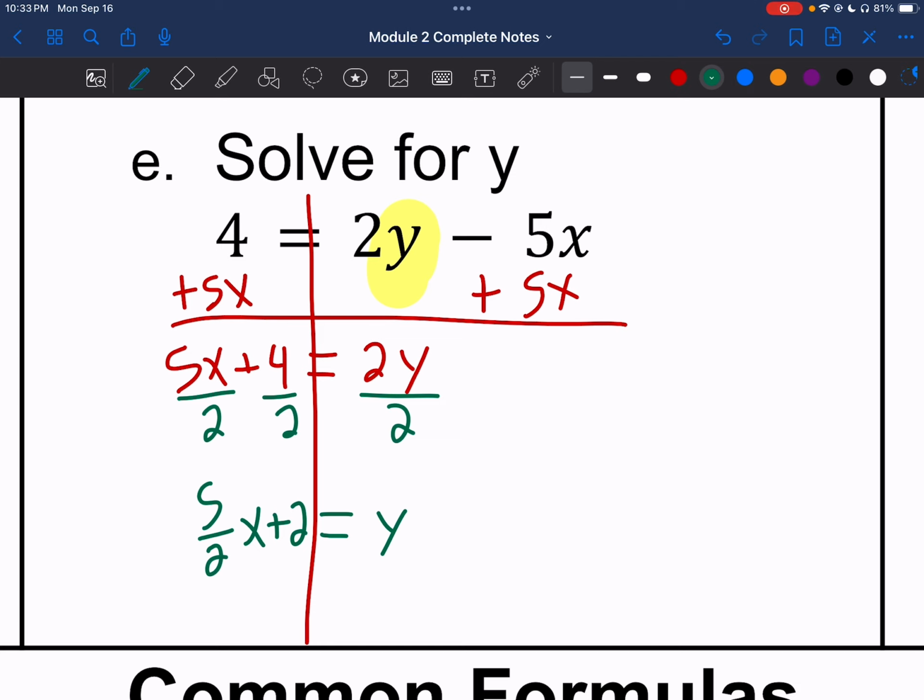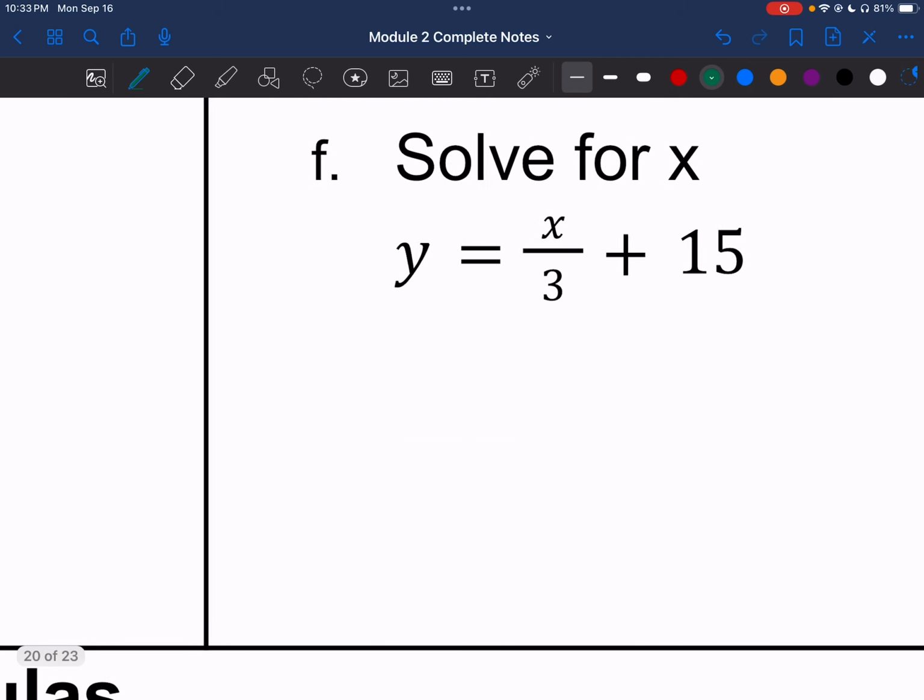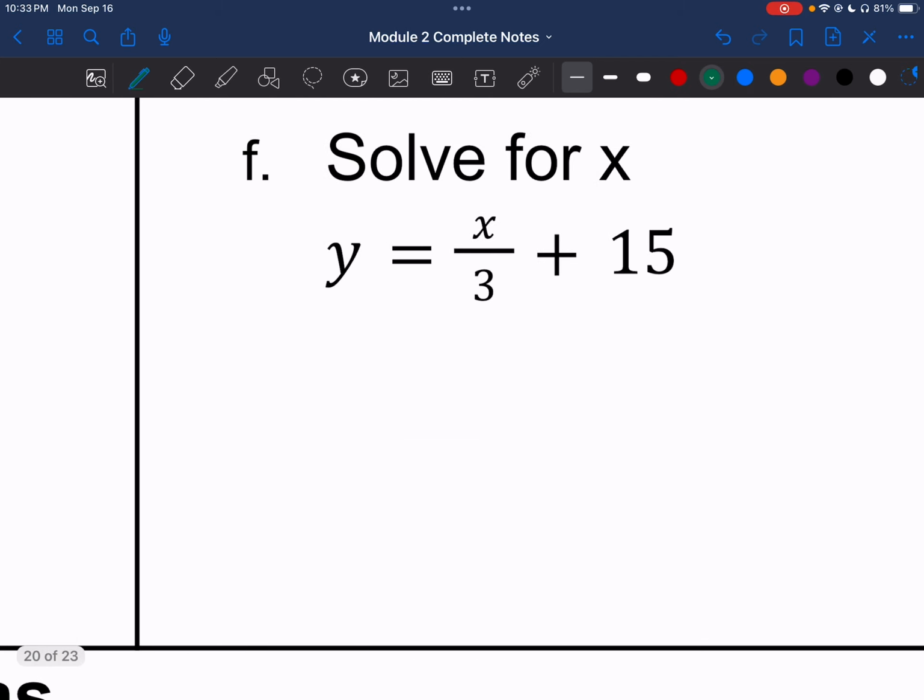Okay. Lastly, letter F. We're solving for x, and this is in a little bit different scenario. We've got our x in the numerator, so we're going to start off with our dividing line, and we're going to start the same. We start with SADMEP, so subtraction and addition.